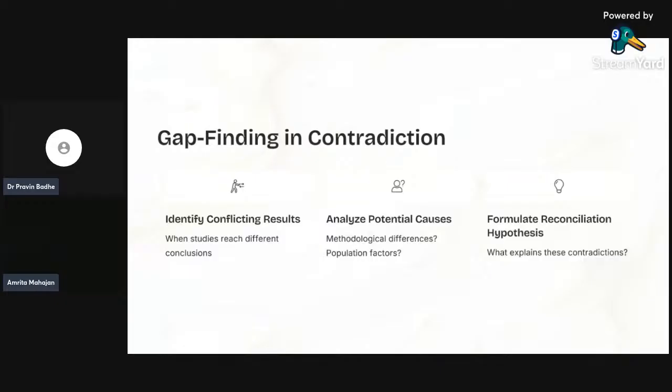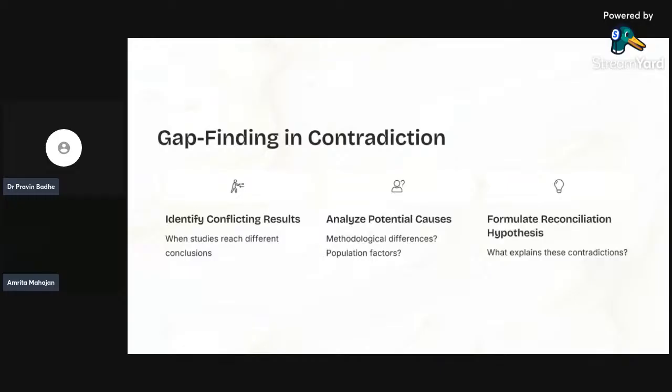The second step is to analyze the potential causes. Why might they disagree? There may be different methods, animal models or clinical trials, or different populations, like age, gender, or race, or different sample sizes or controls.